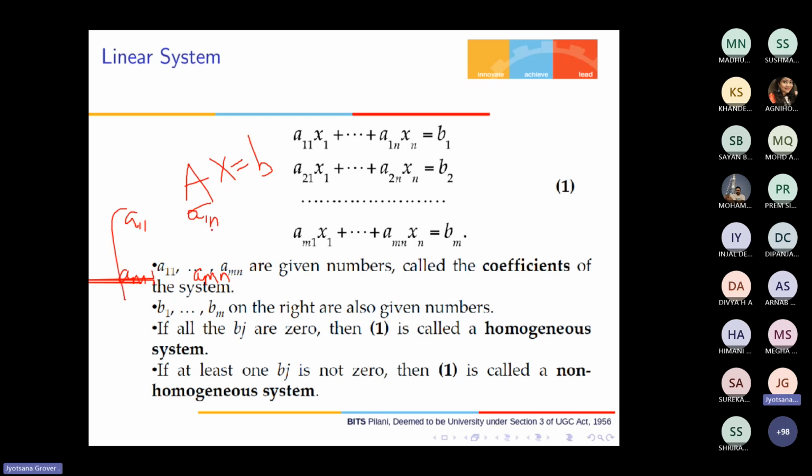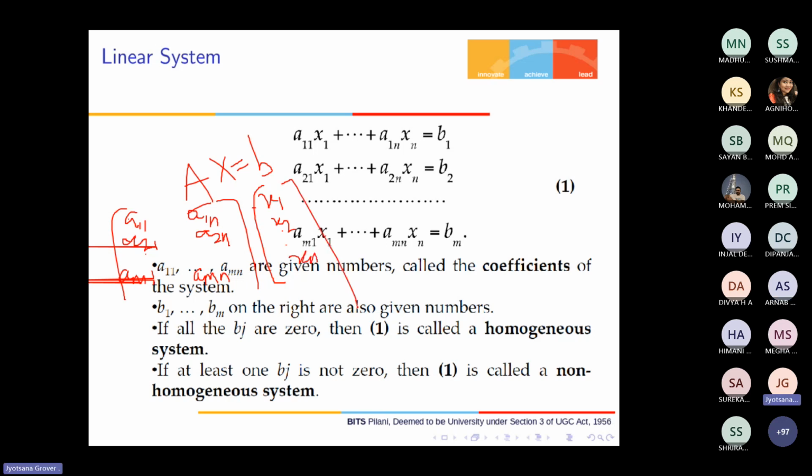This is your matrix A. In between, you have entries like a21 up to a2n. And what is your x? X is a column vector, the vector of unknowns: x1, x2, and so on till xn.